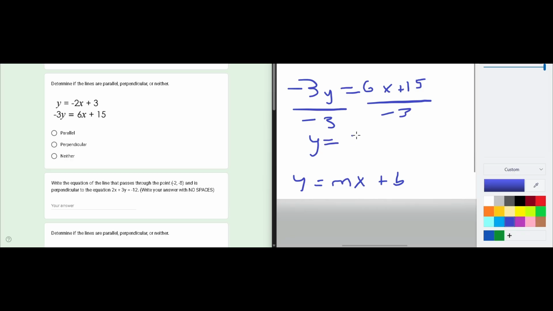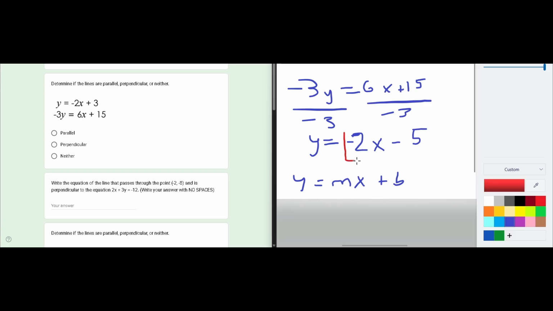So dividing both sides by -3, we get y by itself. And now we divide 6 by -3, which is -2x, and 15 by -3, which is -5.